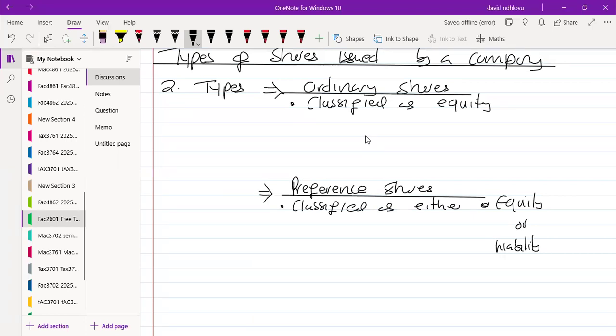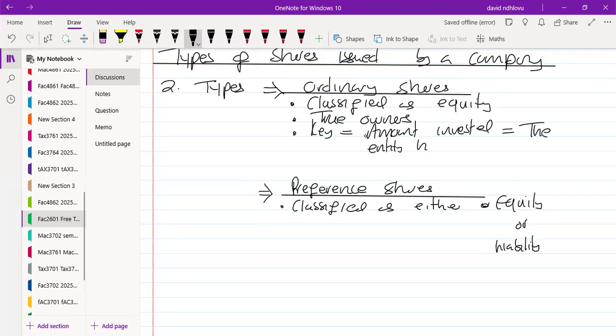Now, the ordinary shareholders are the true owners of the business. They are funders of the business and they are true owners of the business. The key thing now with equity and the ordinary shareholders is that the amount invested, the entity has no obligation to pay back. That's the key feature.